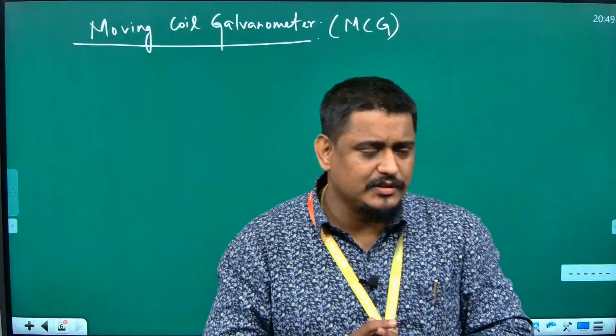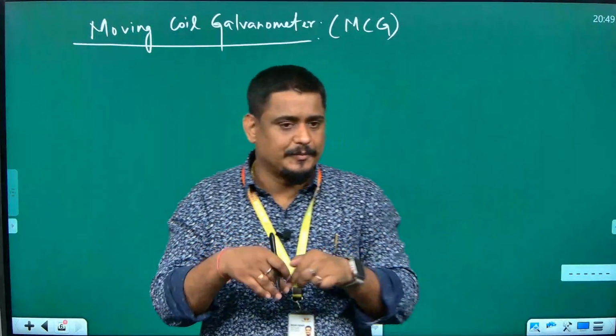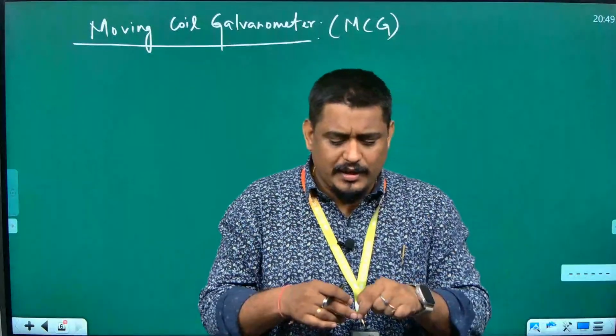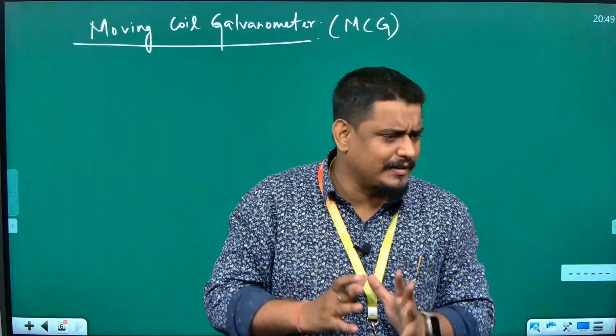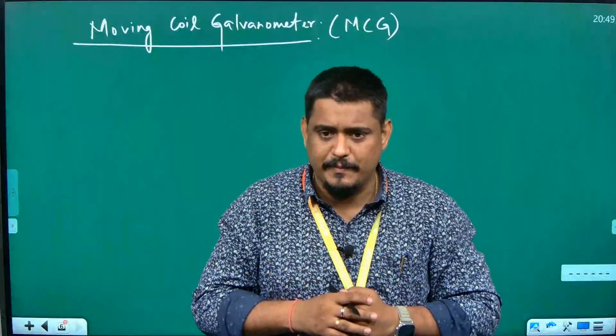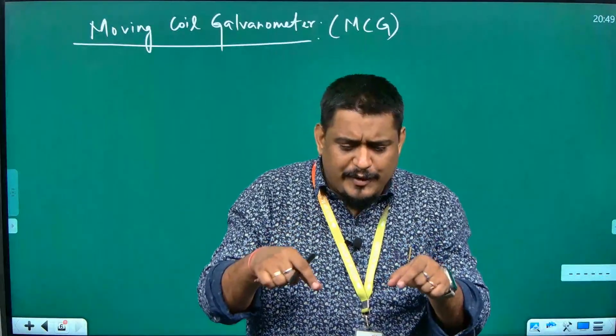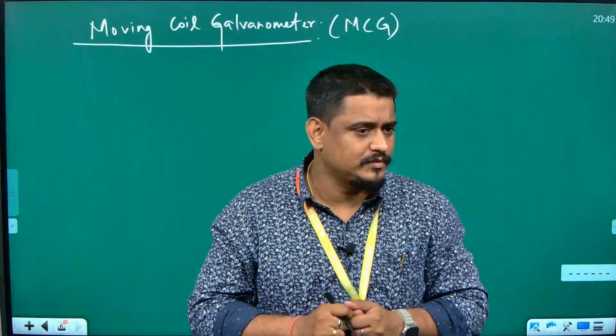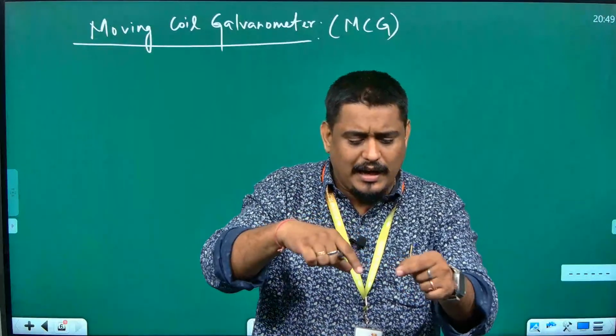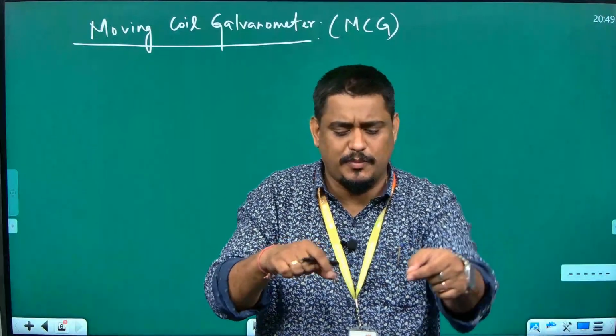So imagine I am making a galvanometer. In the galvanometer, I have two permanent magnets to create a magnetic field. In that magnetic field, I keep a coil, and that coil has two terminals, one towards positive, one towards negative.